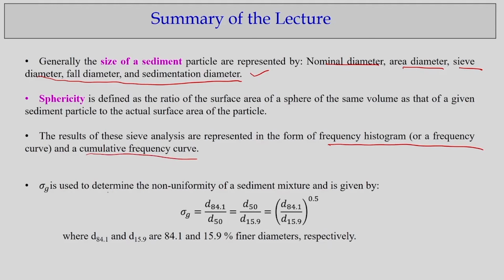We also talked about how we define whether sediment mixtures are uniform or non-uniform, and we talked about geometric standard deviation, which we use to find out whether we can consider the sediment uniform or non-uniform.